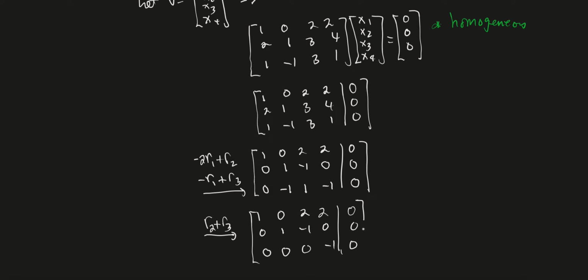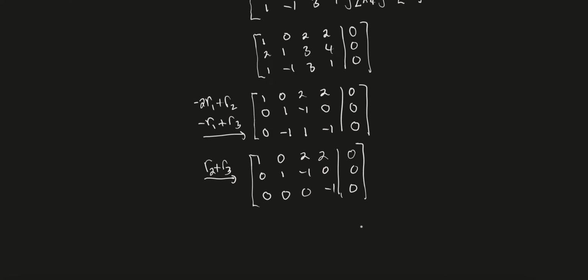It's almost in echelon form. We just need to multiply that by negative 1. So if we do negative row 3, that produces 1, 0, 2, 2, 0, then 0, 1, negative 1, 0, 0, and then 0, 0, 0, 1, 0.